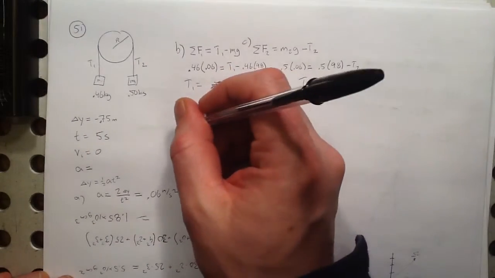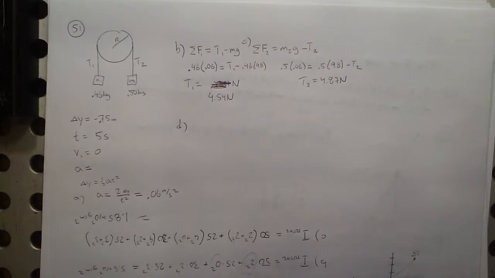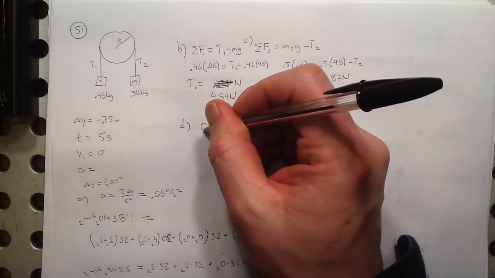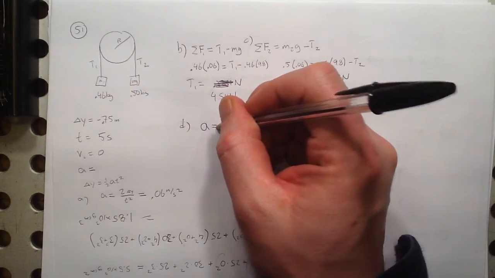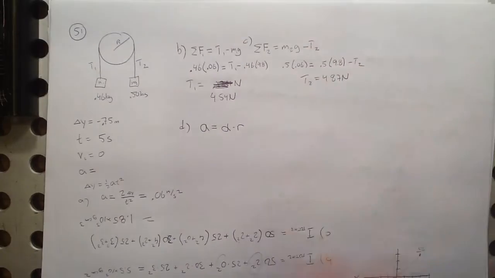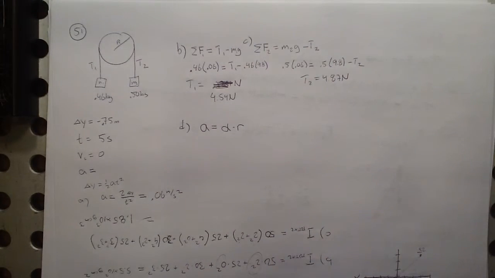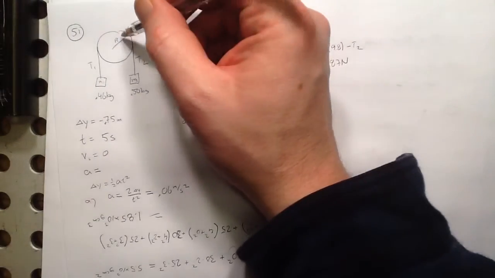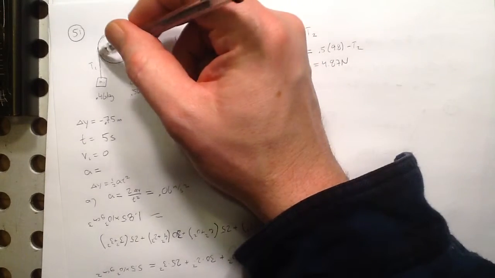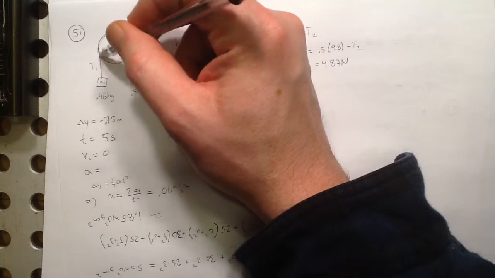And then, finally, in part D, oh sorry, there's an E too. What's the magnitude of the pulley's angular acceleration? Well, I know that linear acceleration is equal to alpha times r, right? And the linear acceleration of the rim of the pulley is the same as the acceleration of these, right?